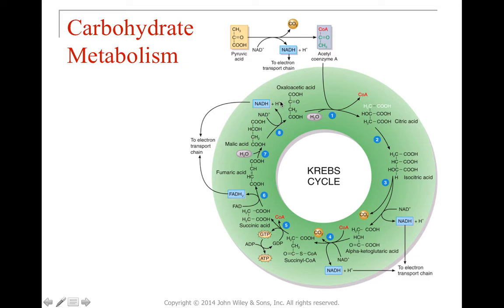So again, we're picking these energy molecules up one little piece at a time in each of these steps of the reaction, instead of it happening all at once, where it might overwhelm the ability of the system to acquire these energy molecules. Anyway, the end here is going to be the oxaloacetic acid. And then that is going to end up being converted here into the citric acid again, with the addition of water and with the new incoming acetyl coenzyme A, thus completing and restarting that Krebs cycle.